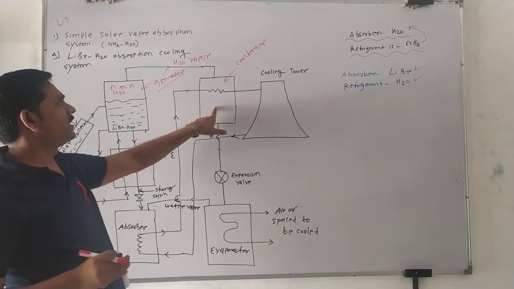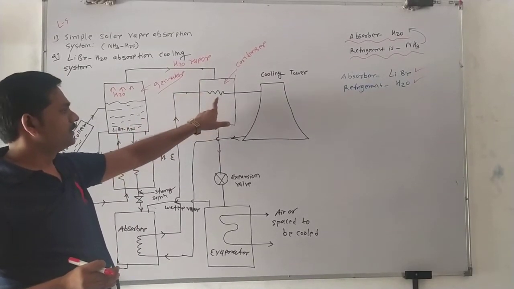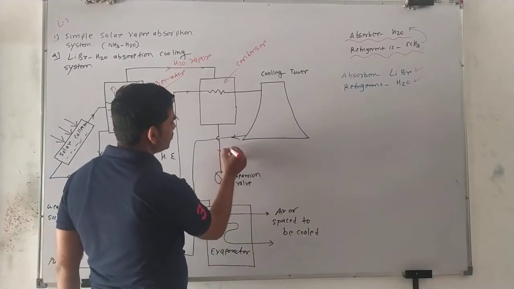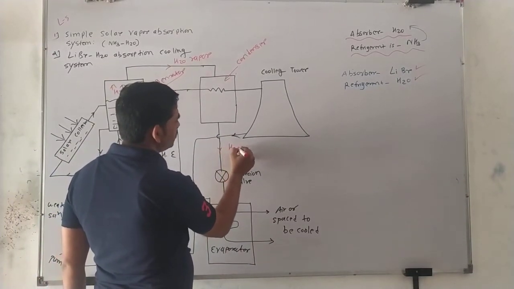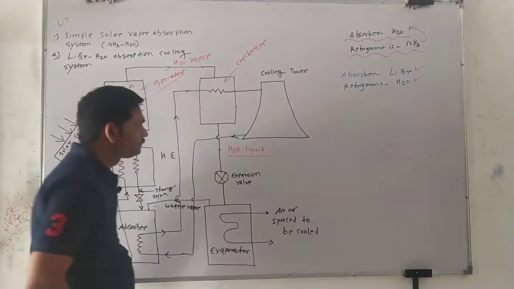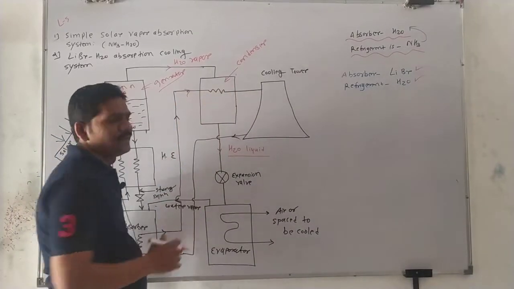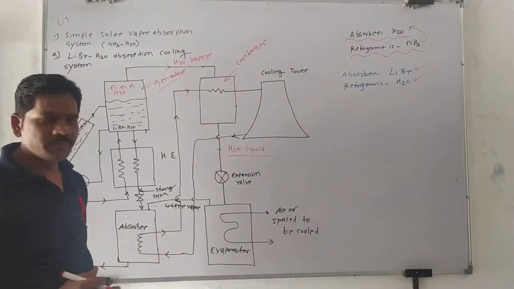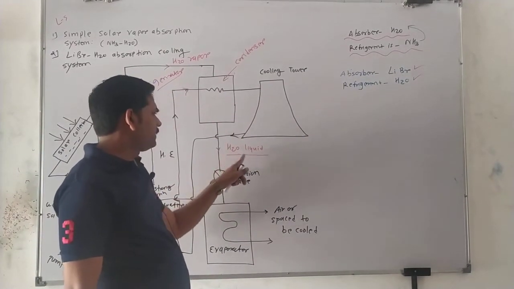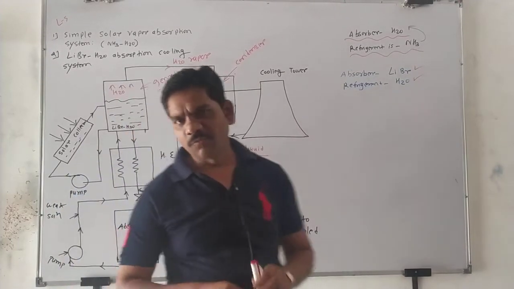This condenser cools the H2O vapor, and then the H2O vapor is converted into H2O in liquid form. This is the cold water which takes heat from the H2O vapor, converting it into liquid form inside the condenser. Then this H2O liquid is passed into the expansion valve.